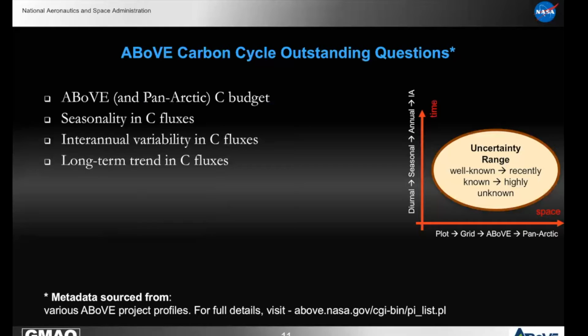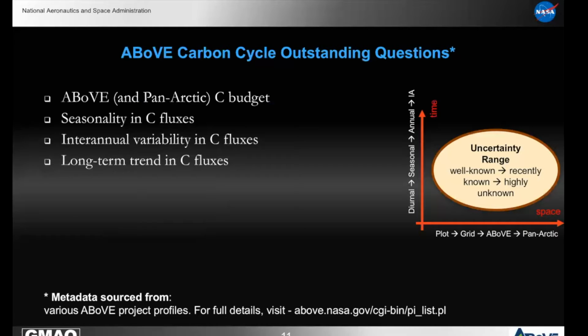And the long-term trend in carbon fluxes, both for CO2 and CH4: again, based on the CARVE campaign data, it seems to indicate that there is no long-term trend in CH4 fluxes, especially in the North Slope, but that needs to be evaluated throughout the entire Alaskan region, as well as the entire Panarctic region.